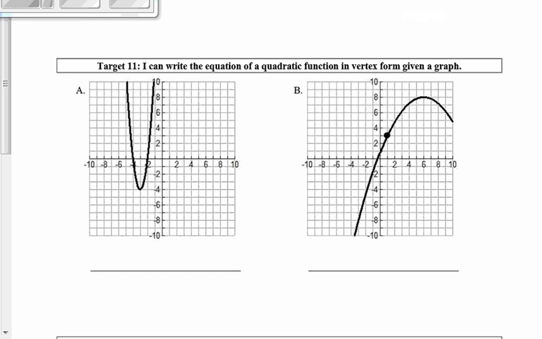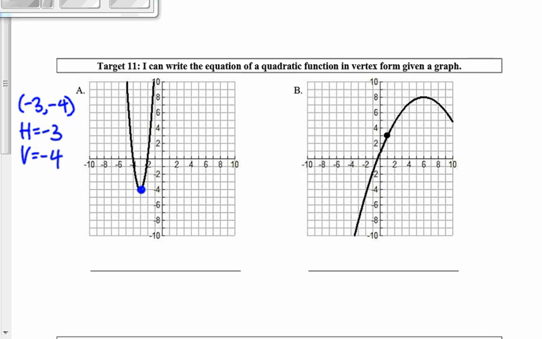And now we're just going to move backwards from that. So this time we're going to write the equation of our quadratic function. So I'm going to start with the vertex, -3, -4, which means h is -3, v is -4.